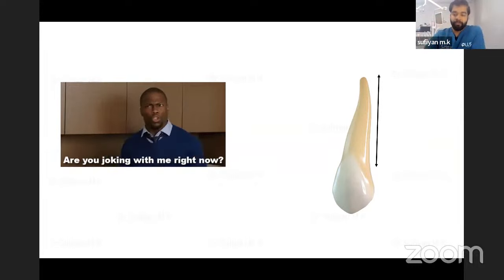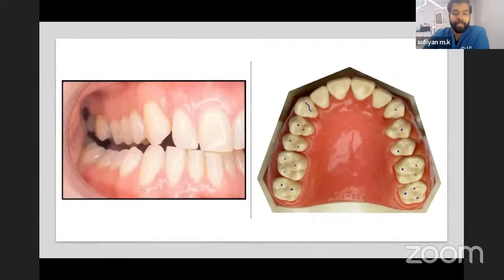That's the reason we are very concerned about getting a canine guided occlusion, so that it will disocclude all of the posterior teeth from taking up the load. When you check with the articulating paper mark on the right side, that is the working side, only the canine will have this kind of a mark line, unlike in group function where you have all the marks.